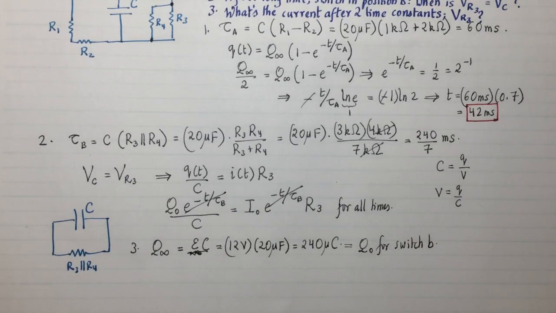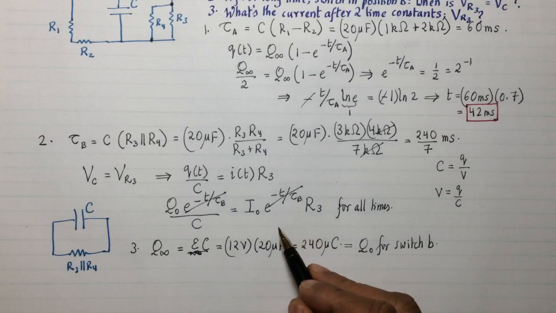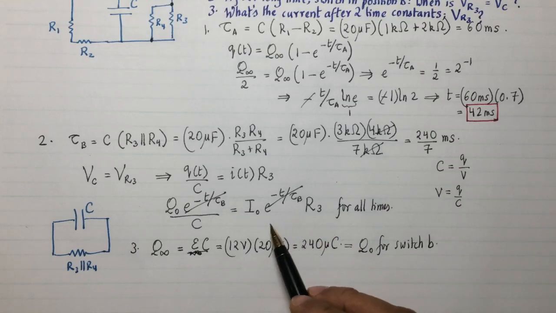Okay, now that we have Q naught, we can in fact find the initial current using this logic.